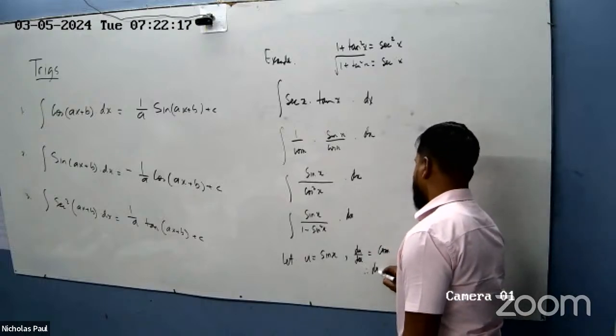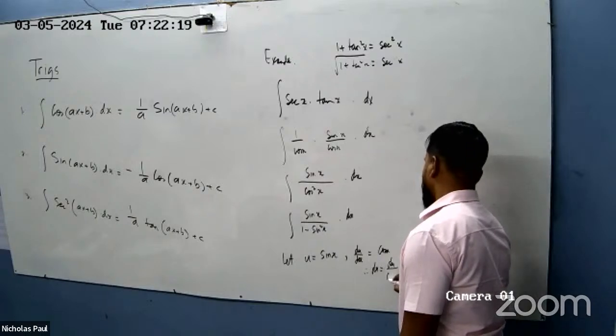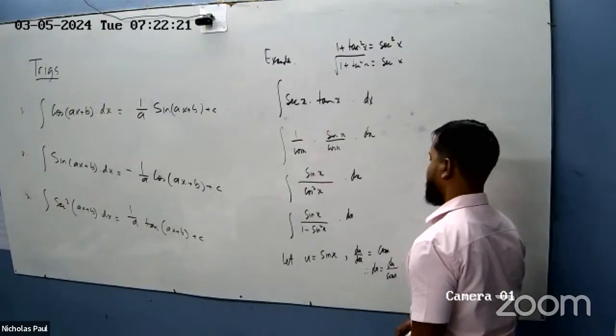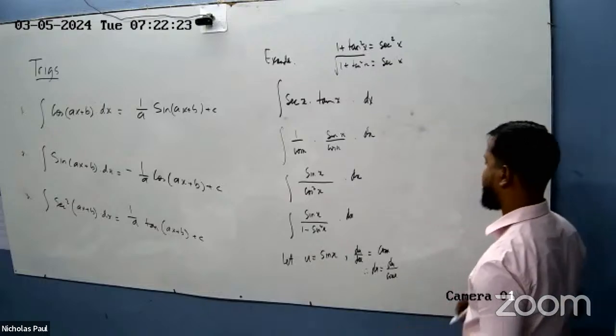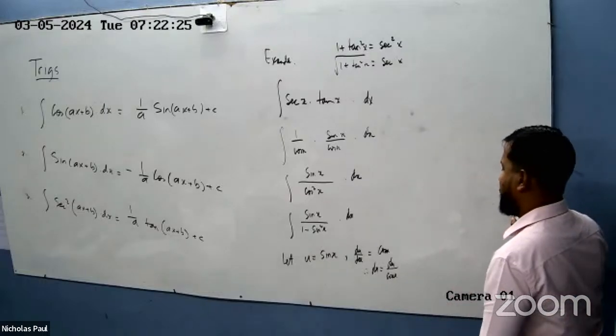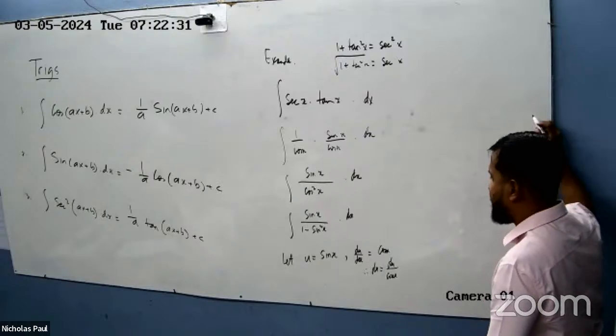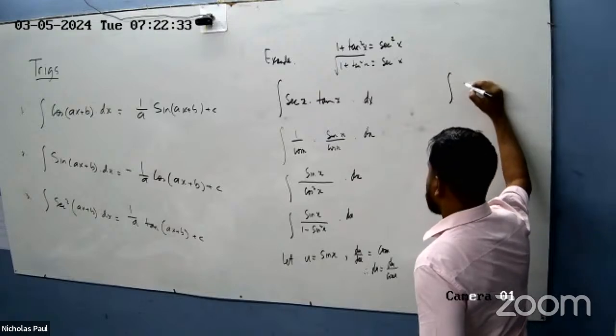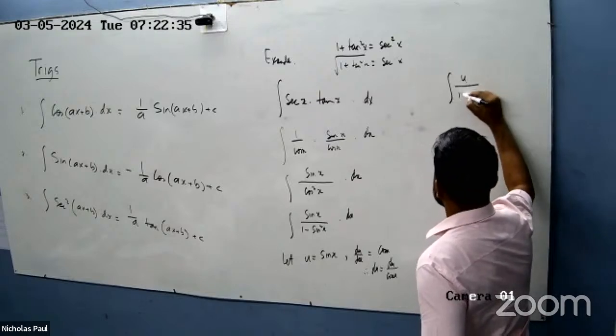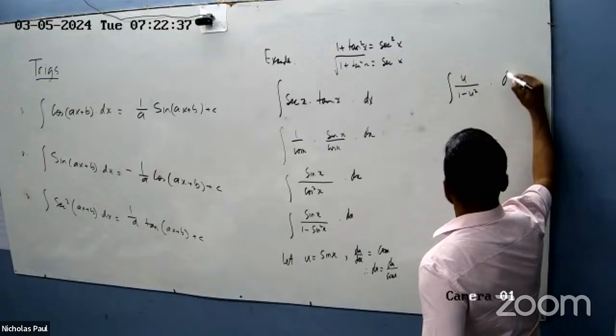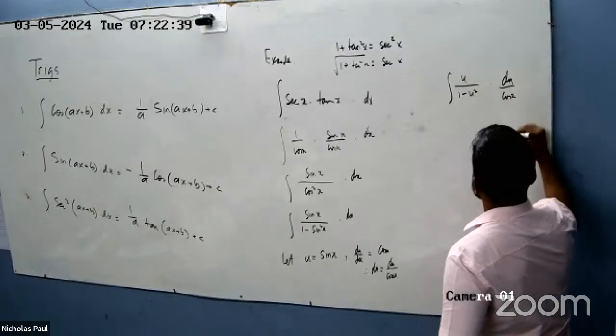So it means that dx is du on cos x. So we end up with the integral of u over 1 minus u squared dot du on cos x.